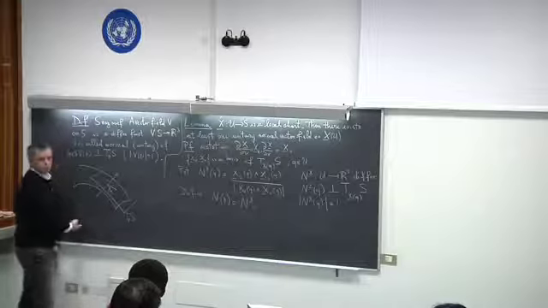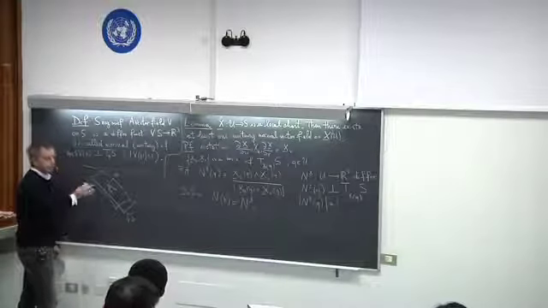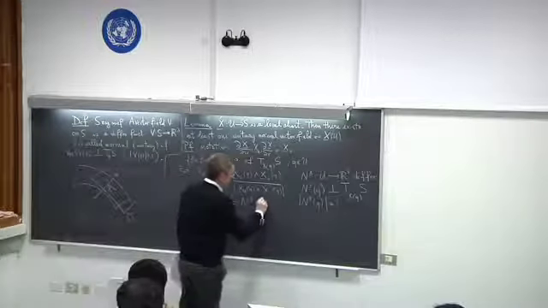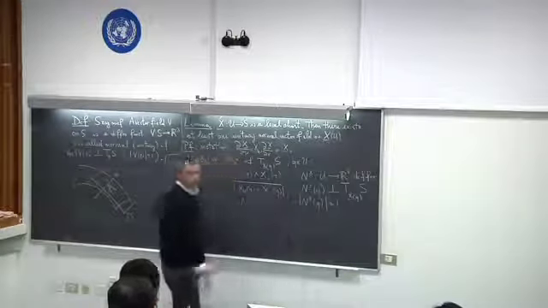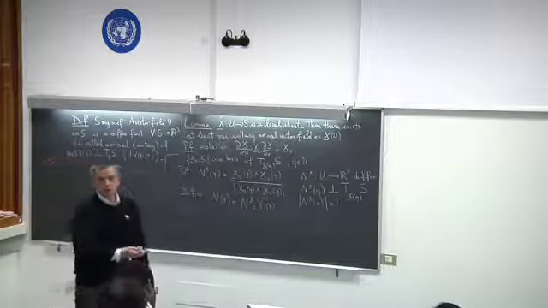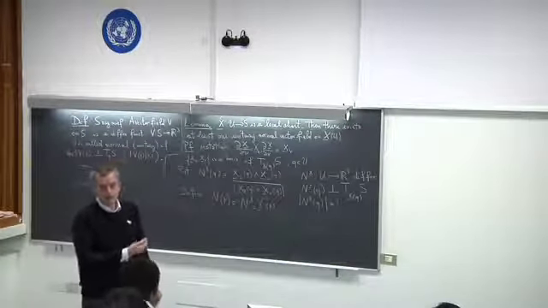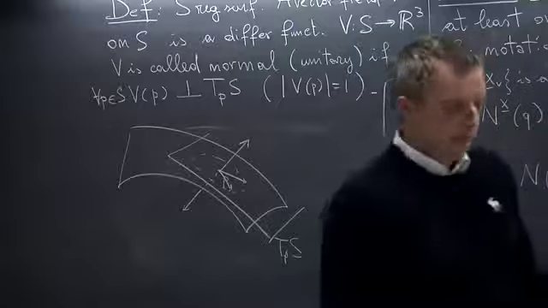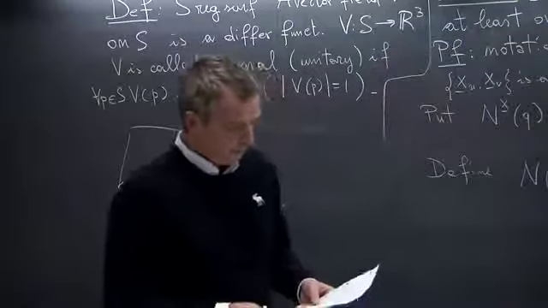I don't draw the usual picture, but every time you think of a surface, you should think of it, and this is X inverse of P. So this is just a way to change the domain. The map, in some sense, is the same. It's just defined on the two corresponding domains, via the map X or X inverse.